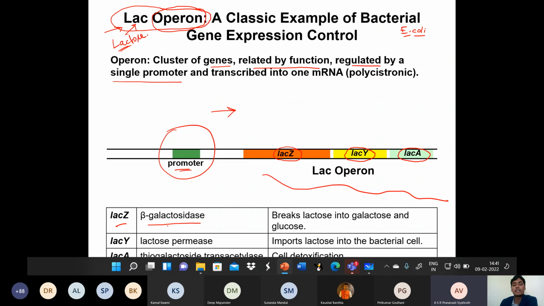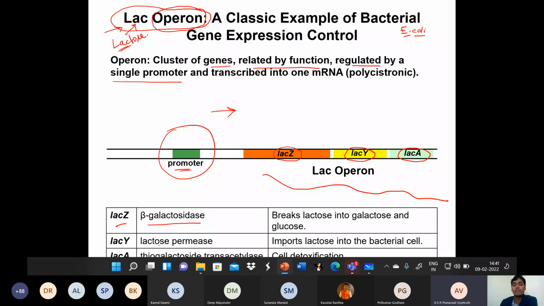Now, lac Y, another enzyme it makes, that is lactose permease. The lac A has a very complicated name. You don't need to remember this. Lac A is also important, but without knowing that, we will still be able to understand the process, right? So you can ignore lac A for the time being. That's not a problem.